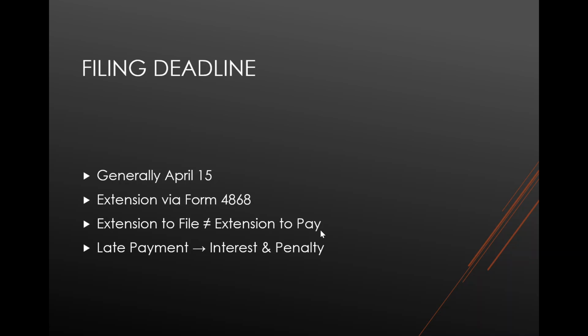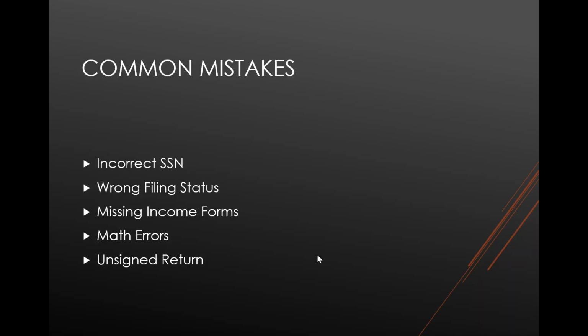Anyhow they have to pay their tax. If the tax is applicable, then they have to pay by 15th April. However, they can file their return as per the extension available, and the extension can be done only till 15th October. And for late payment, interest and penalty is applicable, same as in India.